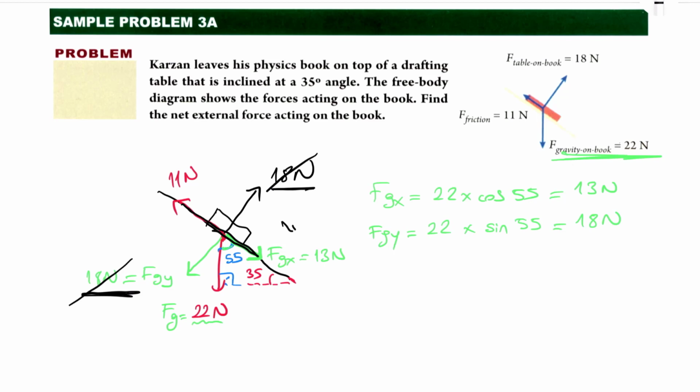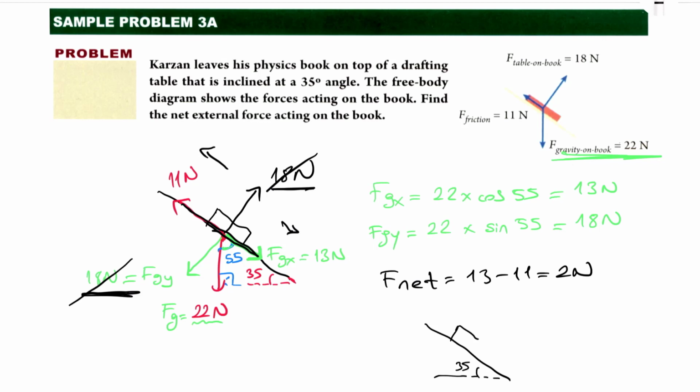One is in this direction, which is 13, and the other one is in this direction, which is 11. So F net will be 13 minus 11, which is 2 Newton. We can draw it: the angle here is 35, the book is here, so F net is 2 Newton in this direction.